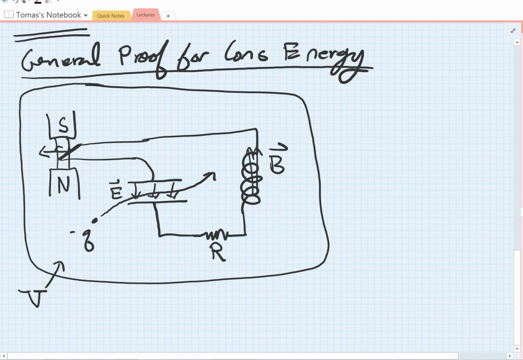Now, if energy truly is conserved, what we are saying then is that if we look at the time derivative of the total energy that is stored in this volume, that total energy in that system, and I look at its time derivative, that is going to have to equal, right? Now that total energy stored in here comes in two forms.